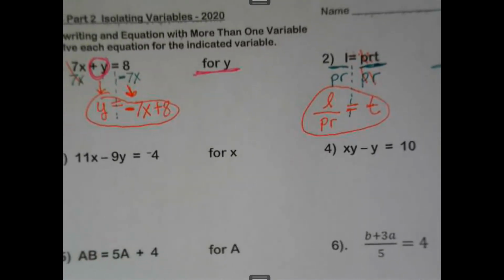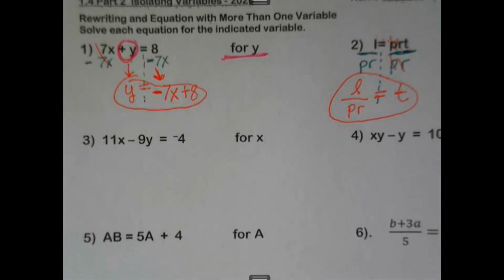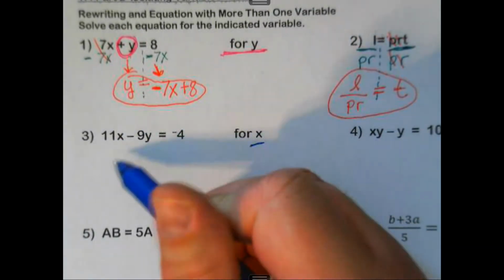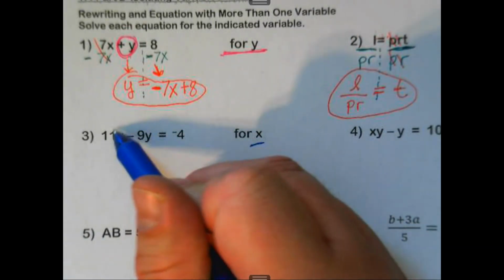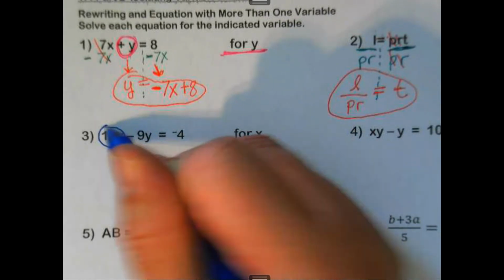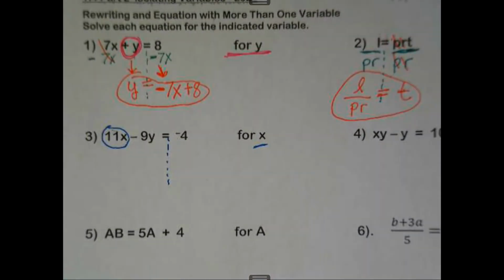Okay, number 3. This time they want me to solve for x. So first thing I want to do, this time the x isn't by itself, it's with a coefficient. I want to get the term by itself first, and then get the x by itself. So I'm going to undo the subtraction of 9y.